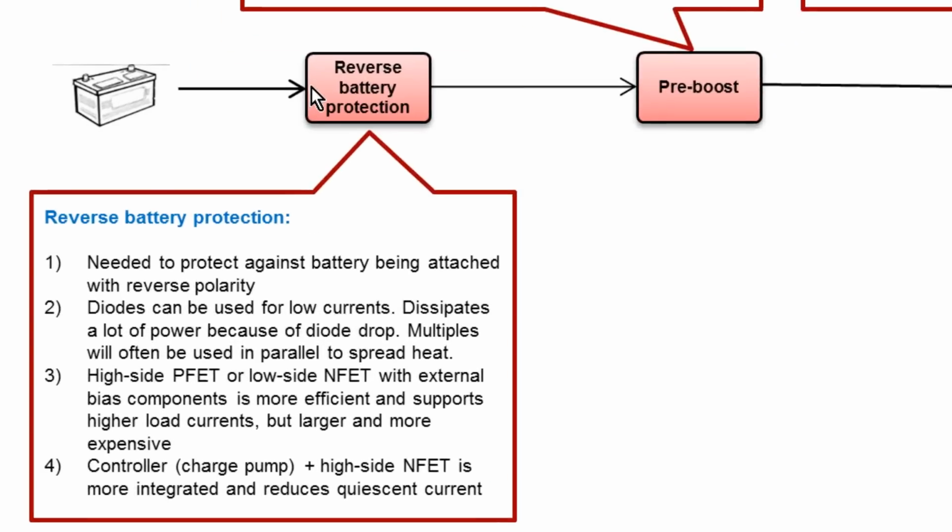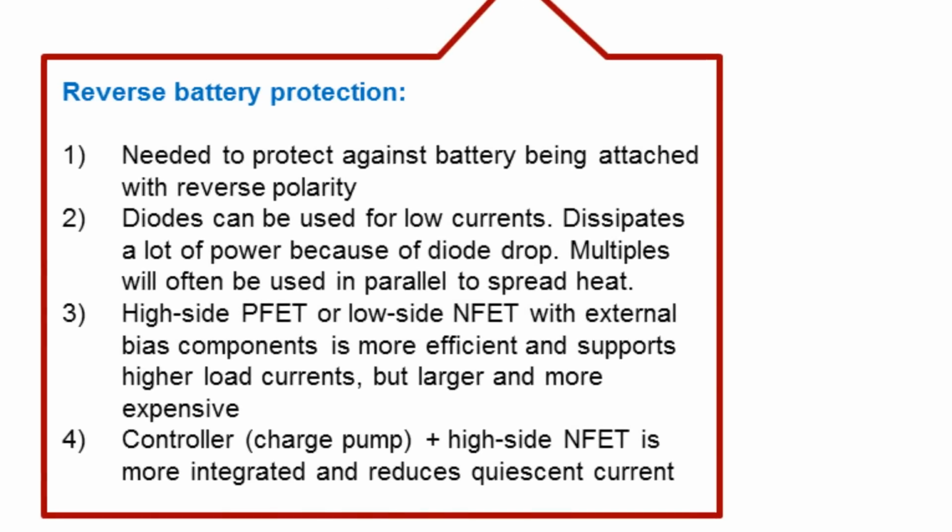So why do we need reverse protection for any automotive system? It is needed to protect the system against the battery being attached with reverse polarity, that means you put the positive and negative in the opposite order. Traditionally, diodes have been used for lower current applications, but they dissipate a lot of power because of the diode drop.